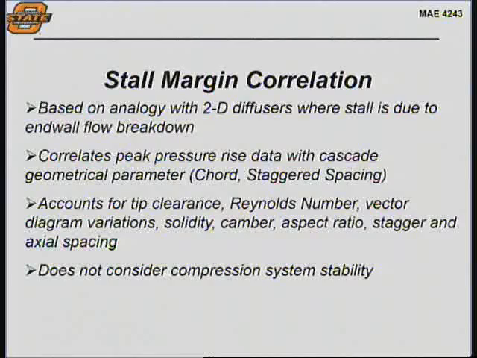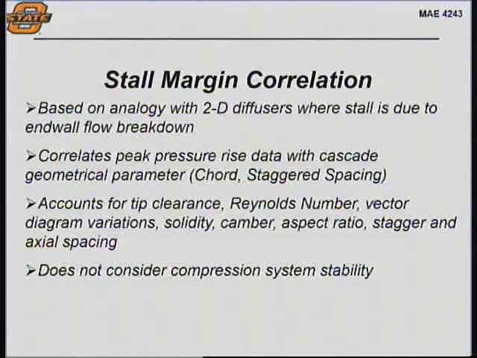So the idea is to design those passages the way you would think about designing a 2D diffuser. It's not exact, obviously. The idea is to correlate peak pressure rise data with cascade geometric parameters, things like chord and the spacing.